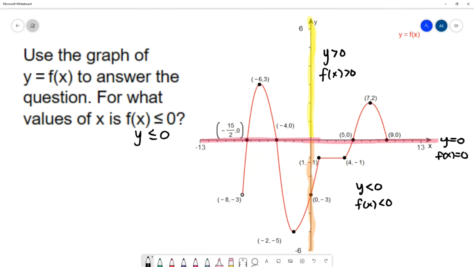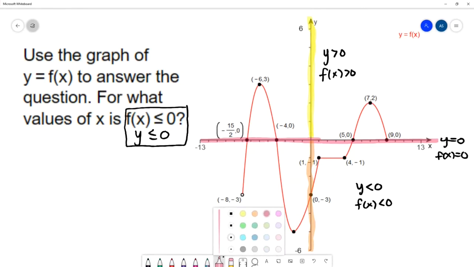So in our example, we're interested in the parts of the graph that are below the x-axis and on the x-axis, because those are the ones that are less than or equal to 0. So I'm going to highlight our graph.